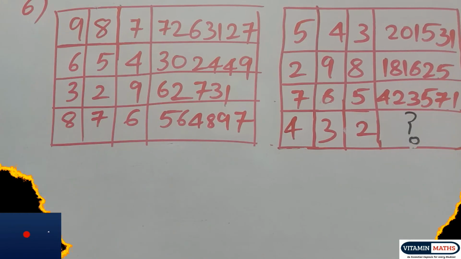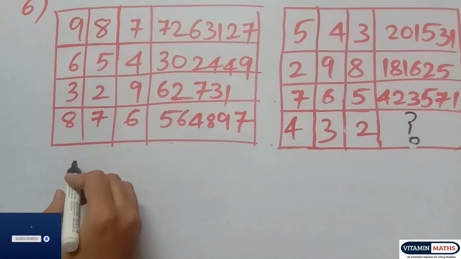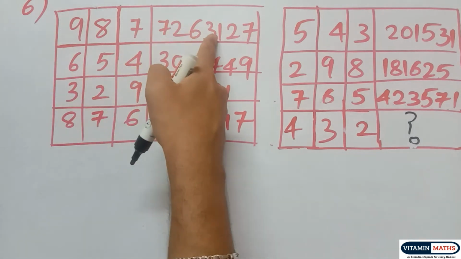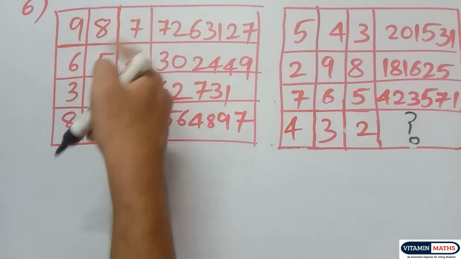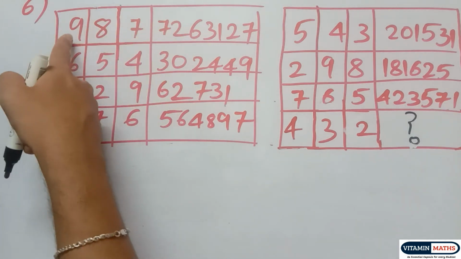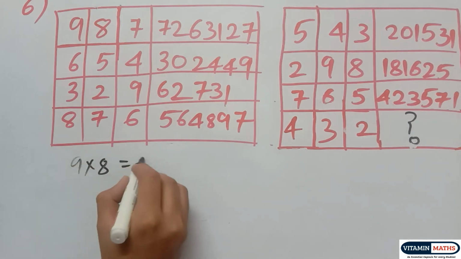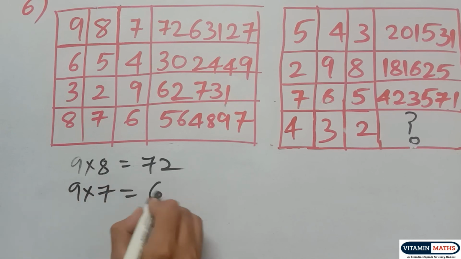Let's solve the sixth example. This question seems lengthy, but the solution is very simple. We are getting 72 and 63 here. In the 9 table we get both 72 and 63. 9 eights are 72 and 9 sevens are 63.